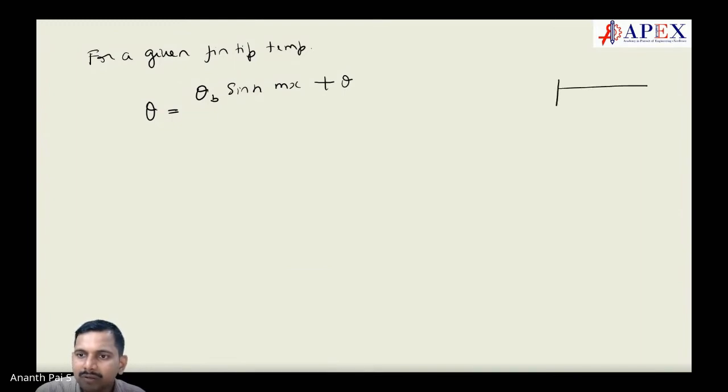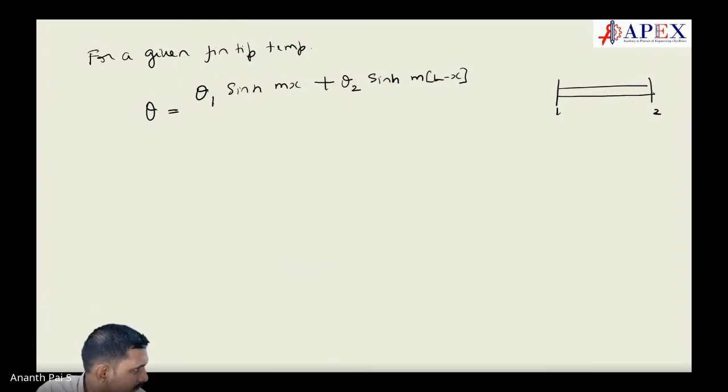Let us say this is end 1, this is end 2. Don't worry because both are the same, right? Into sinh of m(L minus x), divided by sinh mL.